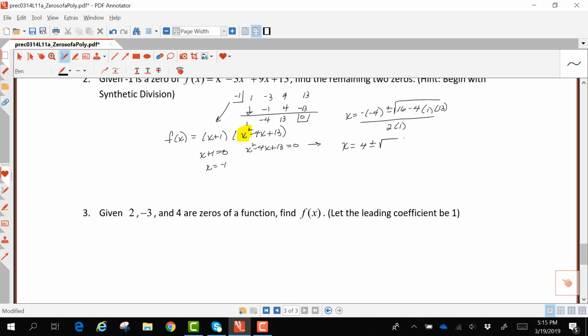Now cleaning this up a little bit, this becomes 16 minus 52 under the radical. This is the square root of a negative number.